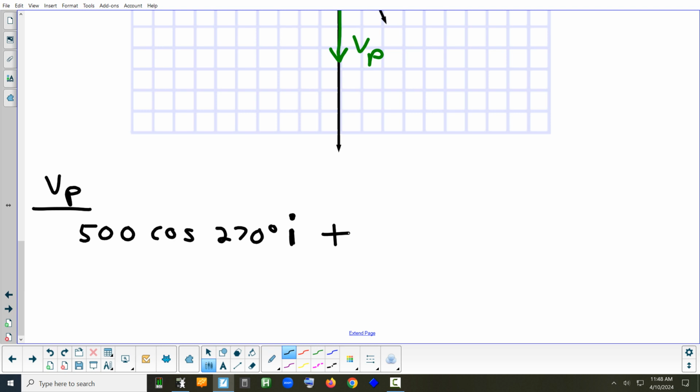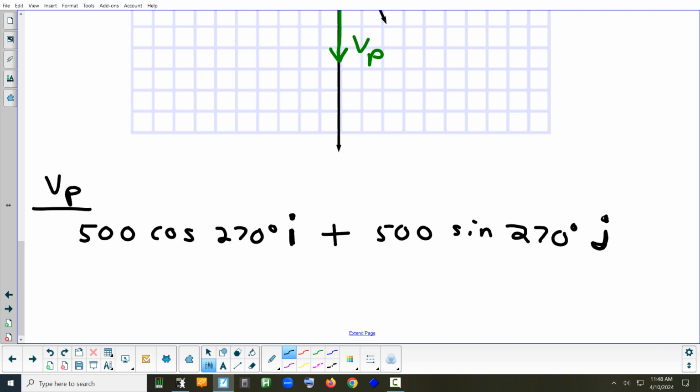It would be 500 sine 270 j. And because it's going directly south, what kind of number should j be?